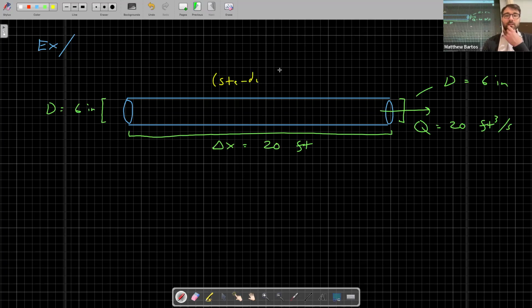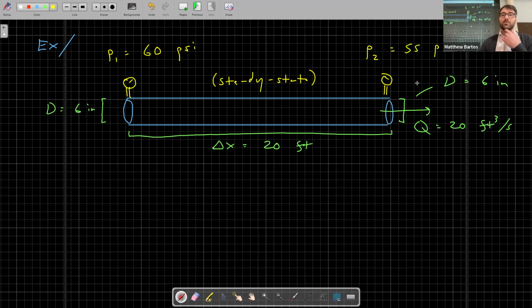So the flow rate is not changing. And let's say we take 2 pressure gauges and measure at an upstream point and a downstream point. The pressure at the upstream point is equal to 60 pounds per square inch, and the pressure at the downstream point is equal to 55 pounds per square inch.